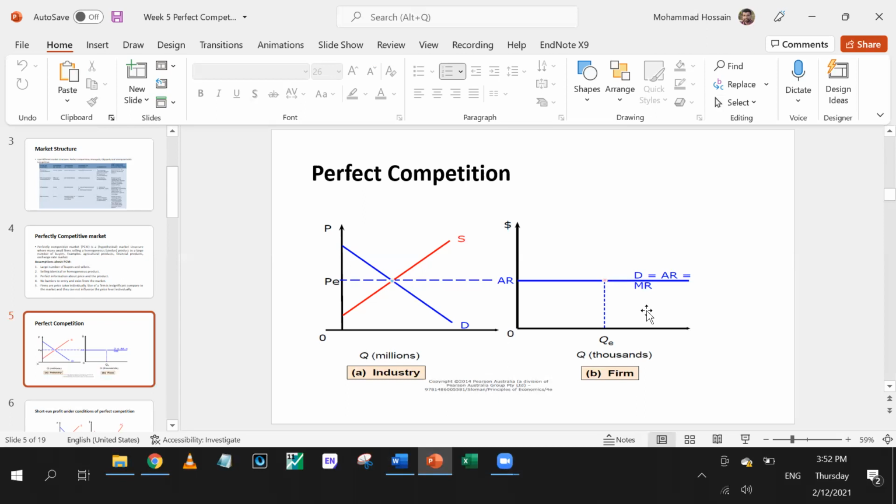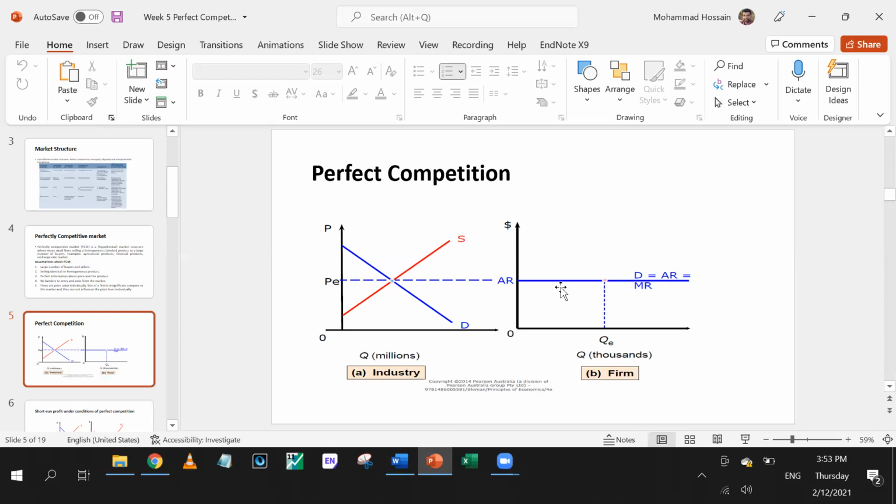In a specific farm, if you talk about, okay, so this is our demand curve. Our demand curve, do you see it's a slope? But here it's not a slope in a farm. It is a horizontal line.